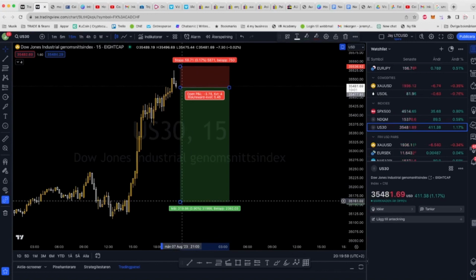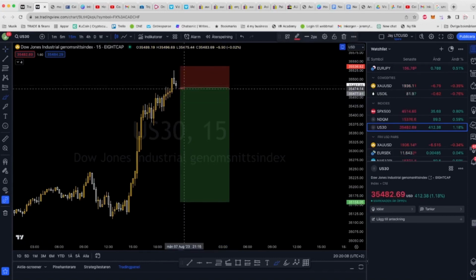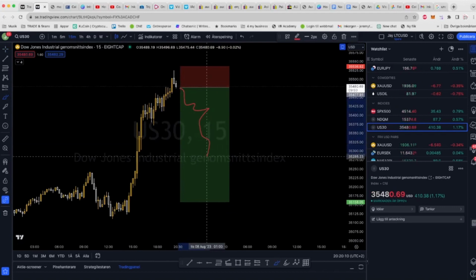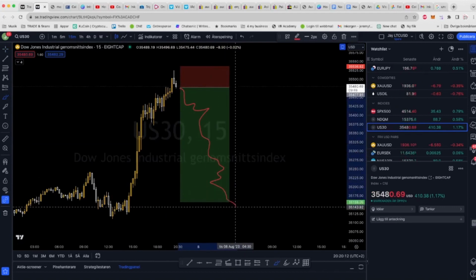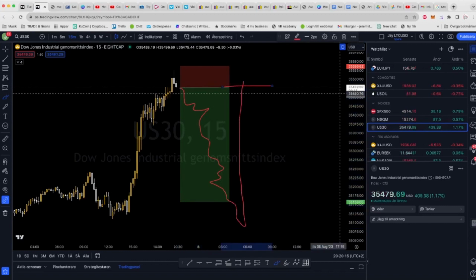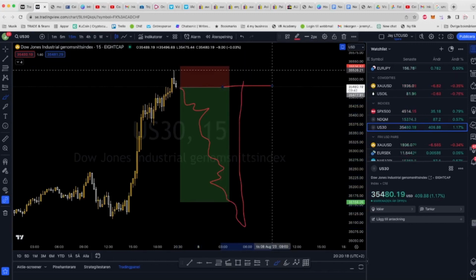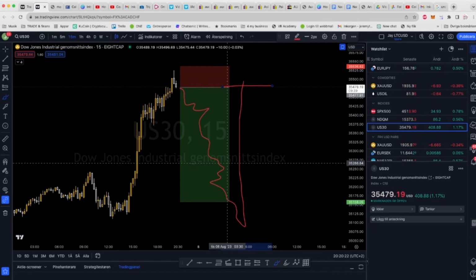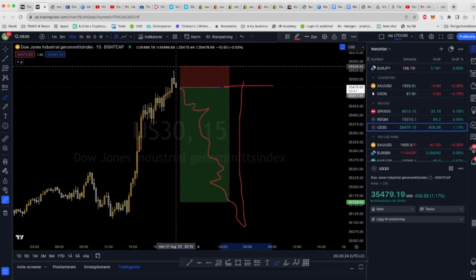Let's say you don't put a take profit and your trade runs in profit, and then whoop, it turns and it hits your stop loss, or it takes you out and you're in minus. So you have to always understand where you're putting your stop losses and where you're putting your take profits.